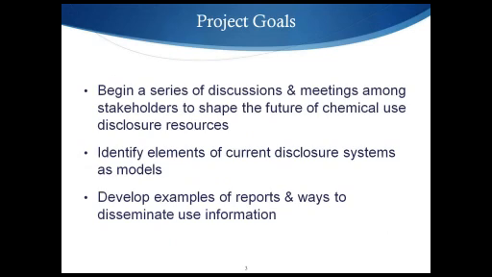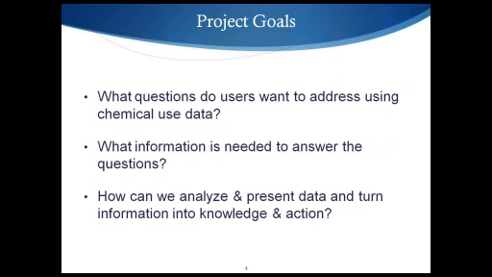This is a pretty early time in some of the state efforts regarding chemical use disclosure, so it's a very important time for us to get stakeholder input about the way that chemical use reporting is going to happen and how it's going to ultimately be displayed so that that kind of information can get built into the systems that are being considered. We're going to identify some elements through this project of current disclosure systems that can be used as models for future programs, and also develop some examples of reports and ways to disseminate this chemical use information.